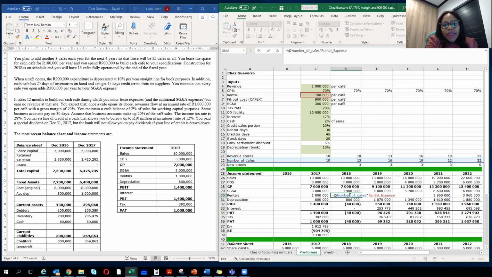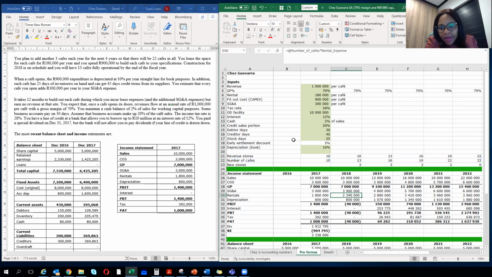In terms of selling, general, and administrative expenses, it says you estimate that they will bring in an extra 300,000 selling, general, and admin expenses per year. And it says here that your SG&A expenses, you estimate that every cafe you open will start bringing in those costs in the year that you start constructing.